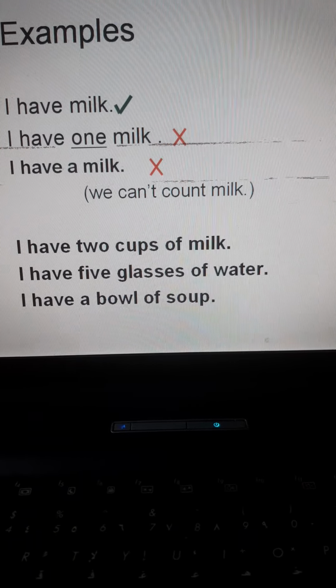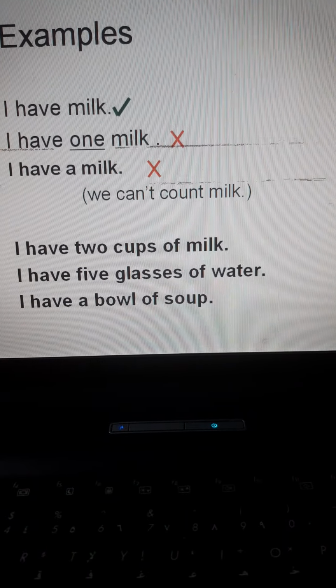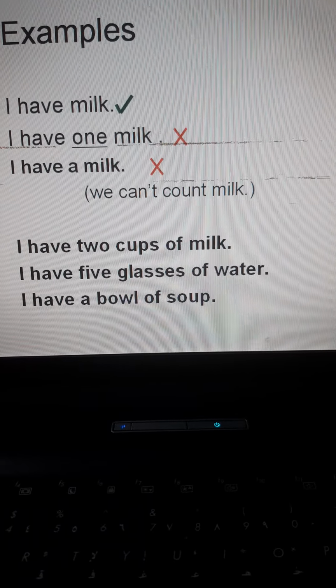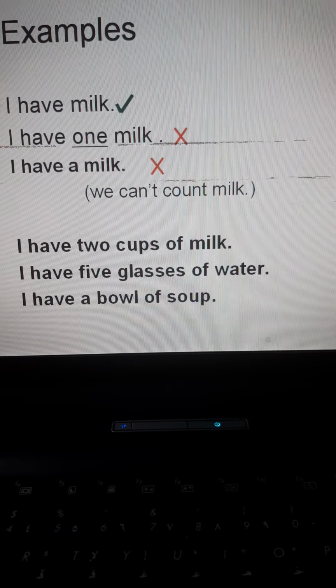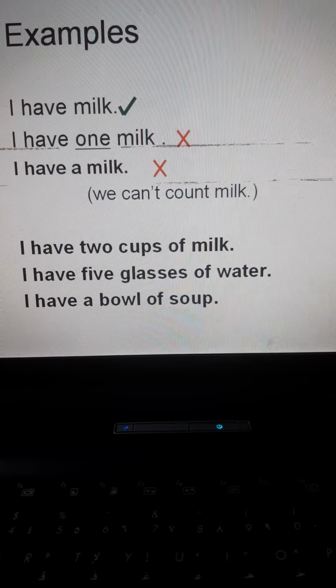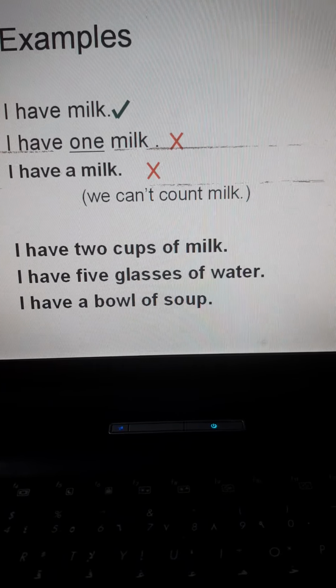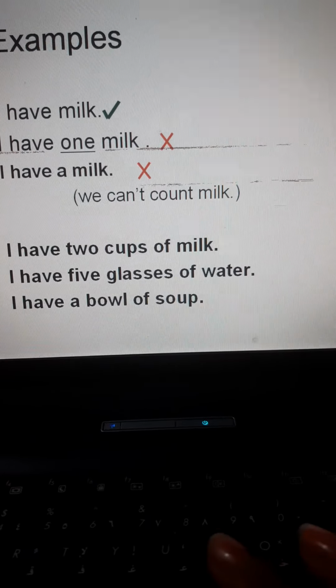Notice that soup is liquid, so it is an uncountable noun. I used the phrase a bowl of. So a bowl of is like a container for the uncountable noun. It is an amount of the uncountable noun. Okay.